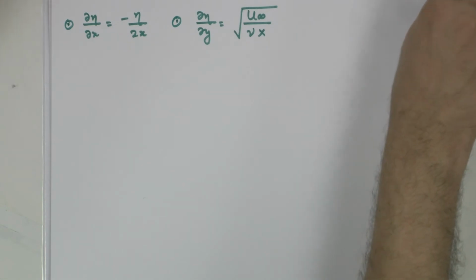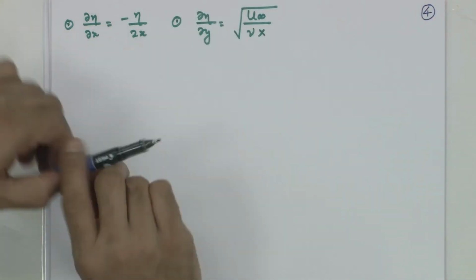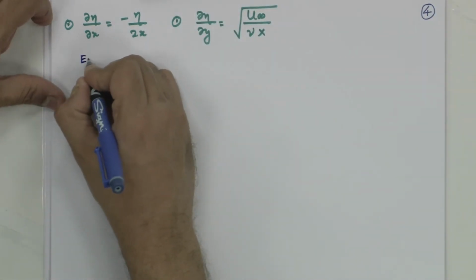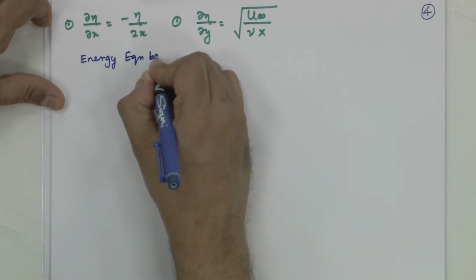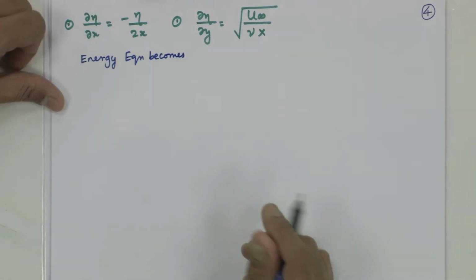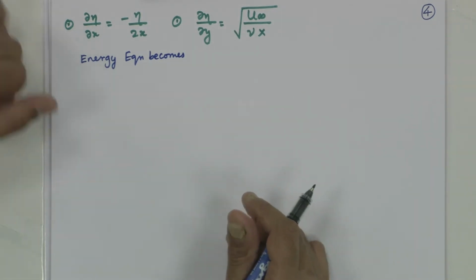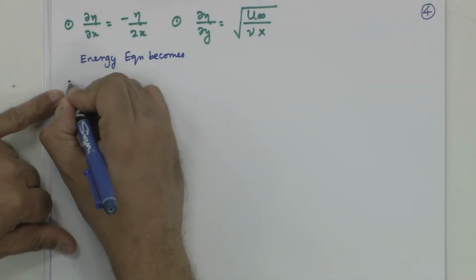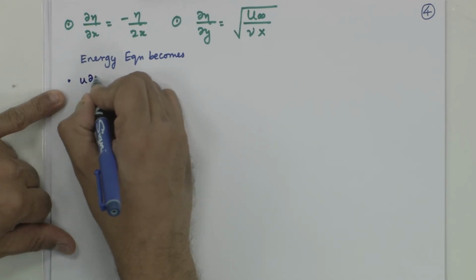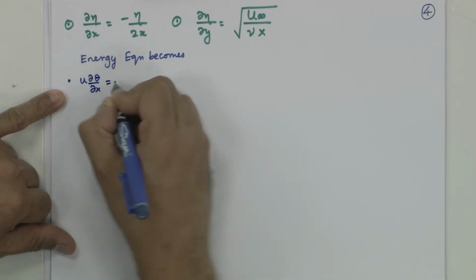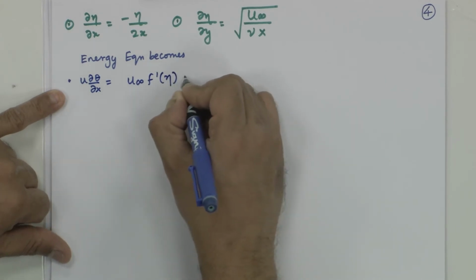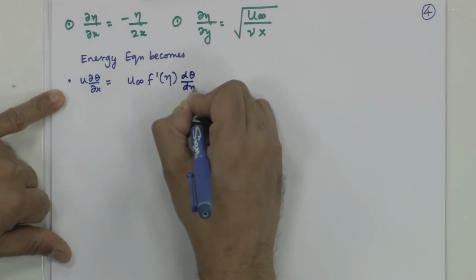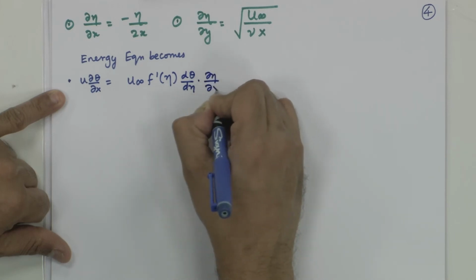So once I substitute these things in the equation, the energy equation becomes: u dθ/dx is equal to u∞ f'(η) dθ/dη times dη/dx.